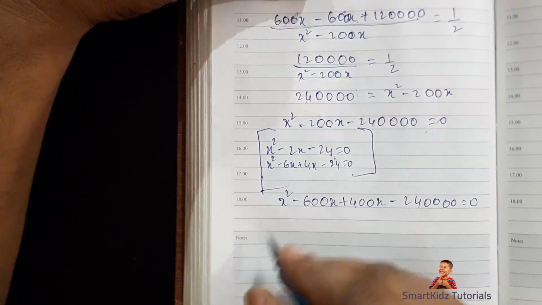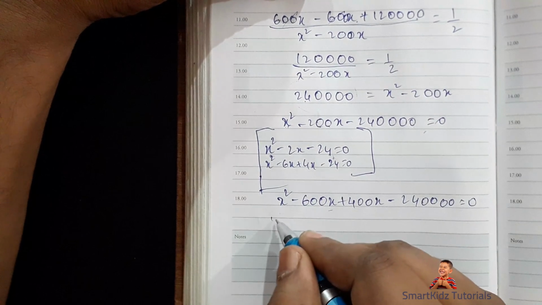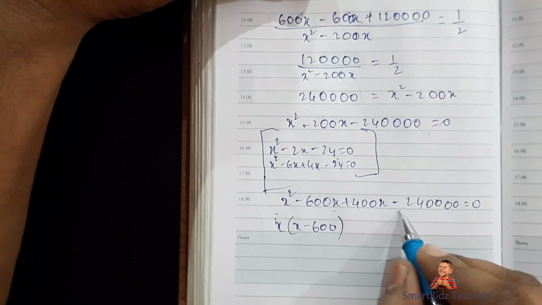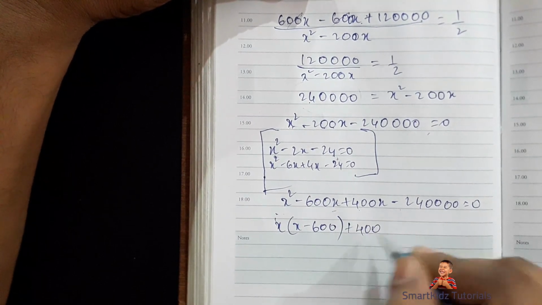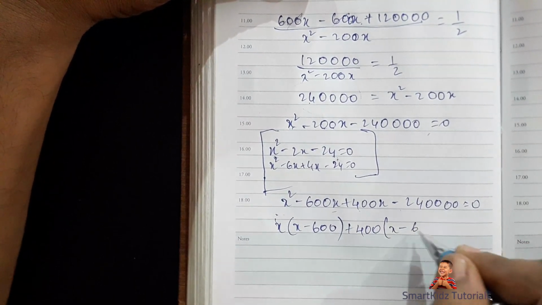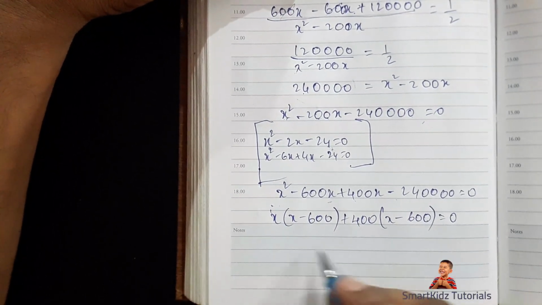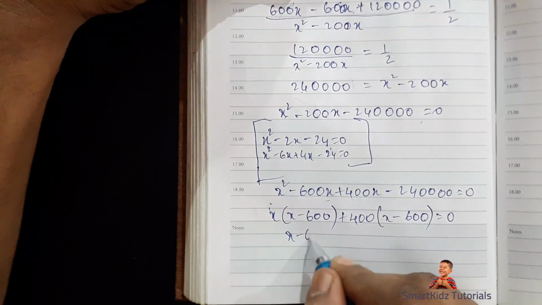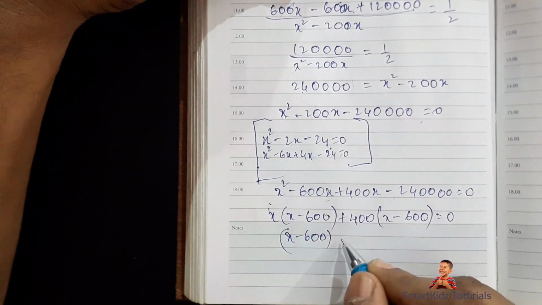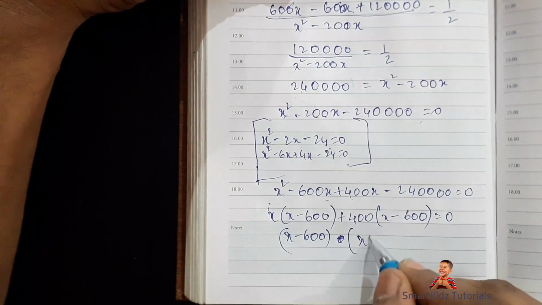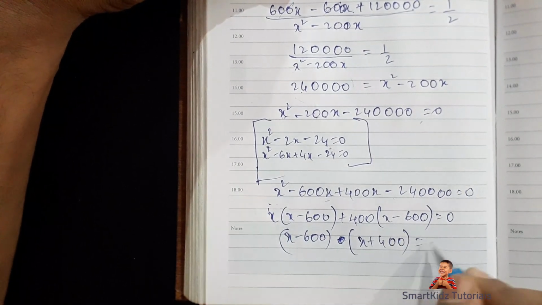Now if we take x common over here, we are left with x minus 600, and we can take 400 common here. If we take 400 common here, we are left with x minus 600 as well, equal to 0. You can multiply and find out. So take x minus 600 separate, and x plus 400 in the next bracket equal to 0.